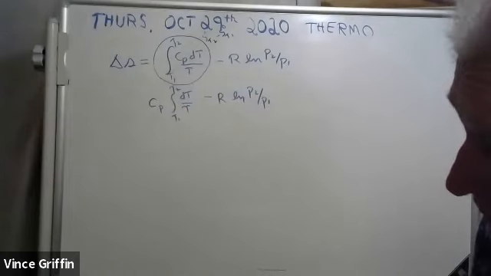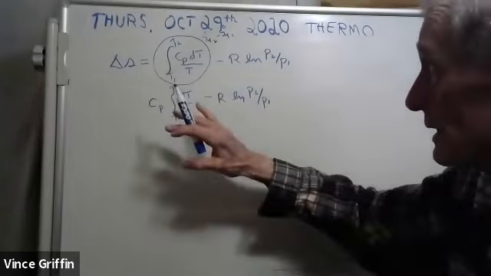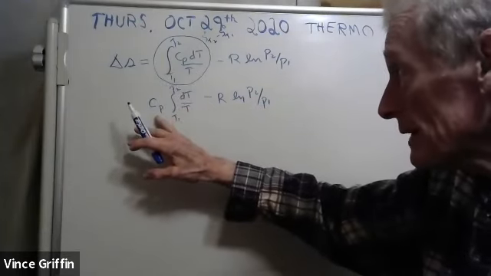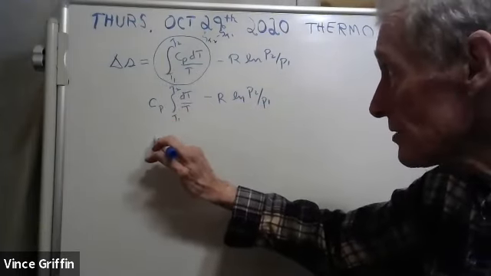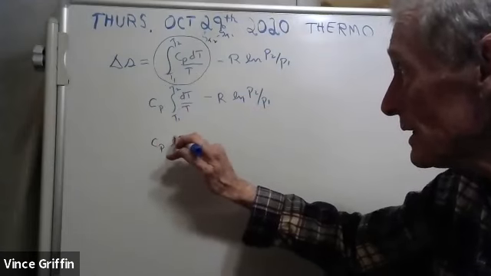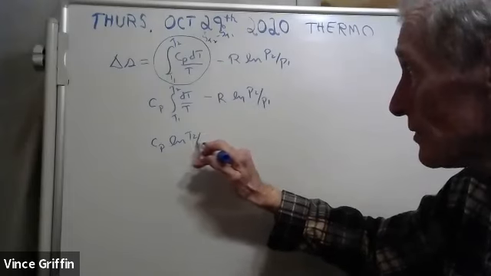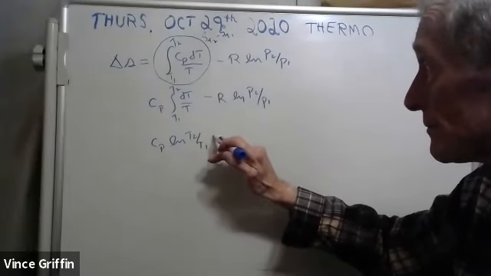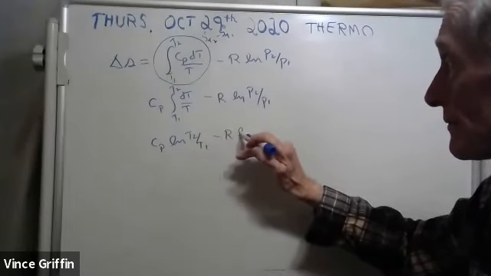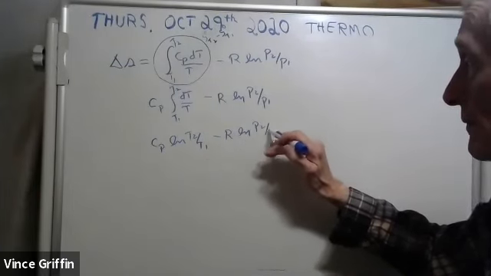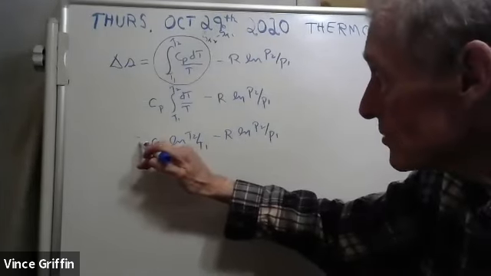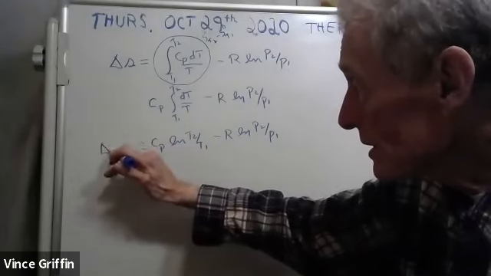It's more accurate if you use those. But this is not bad at all, because that's equal to C sub P natural log of T2 over T1. And so here's your change in entropy.